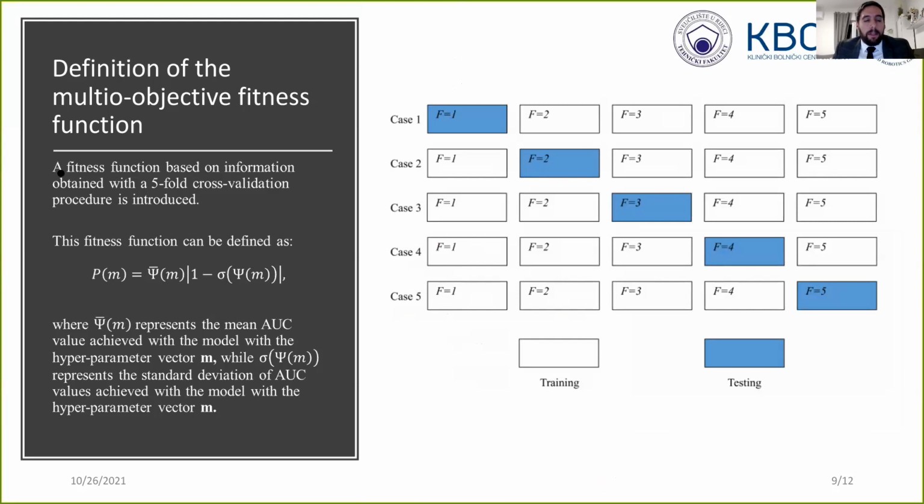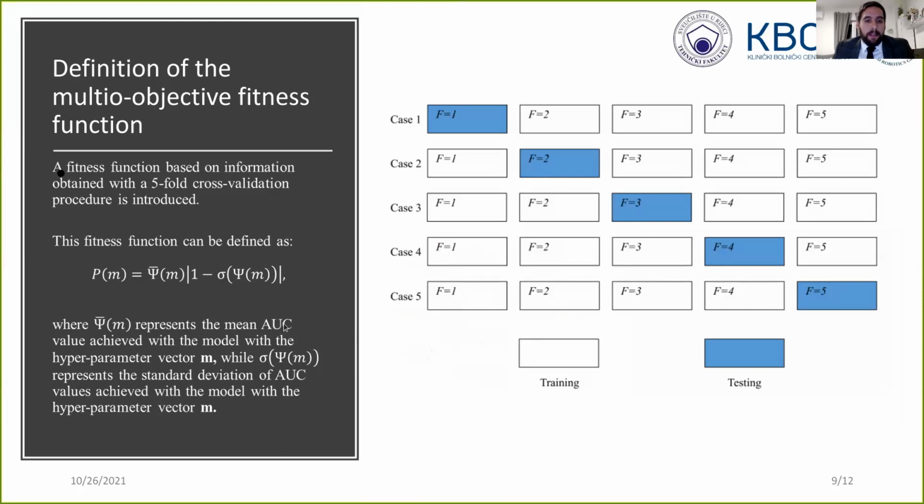Another novelty of this paper is this multi-objective fitness function. It is a fitness function that incorporates classification and generalization performances: classification performance with this psi, the mean of psi, and generalization performance with sigma of psi.